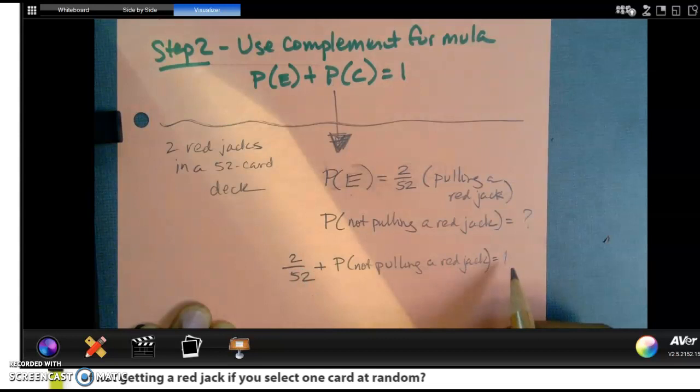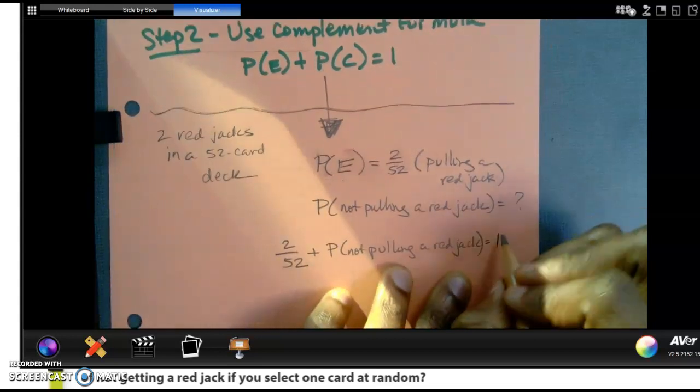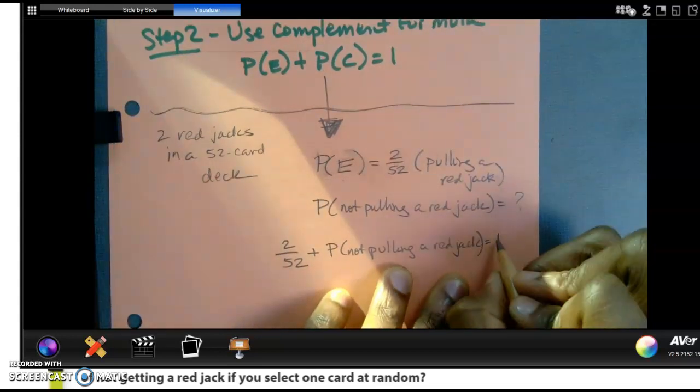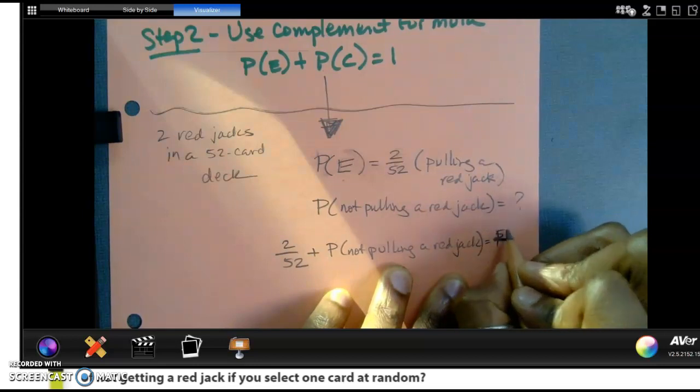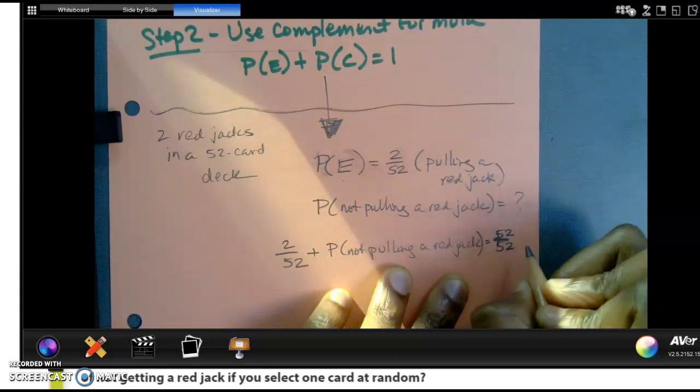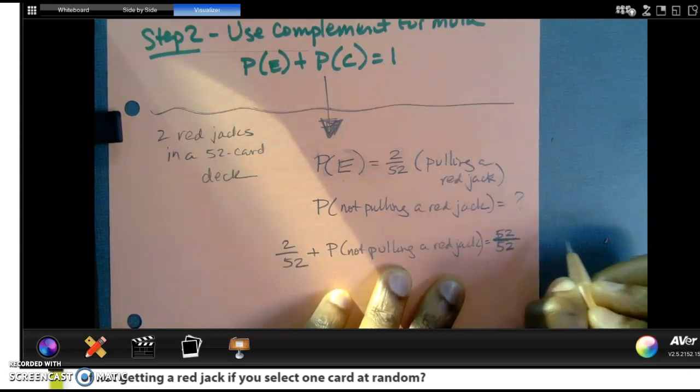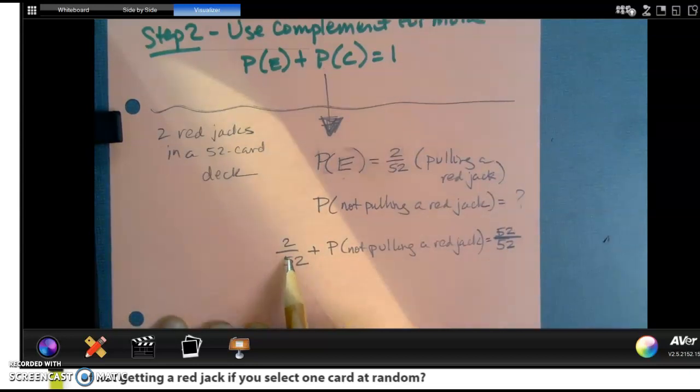I also know that this number 1 can be phrased as 52 out of 52. Any number over itself is always going to be 1. So 2 over 52 plus some number will equal 52 over 52. How do I solve for that?